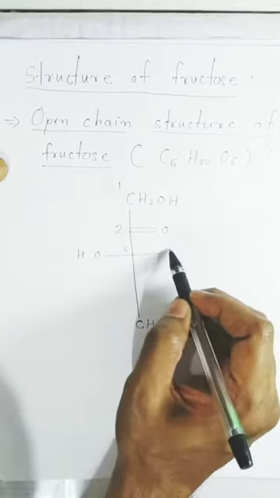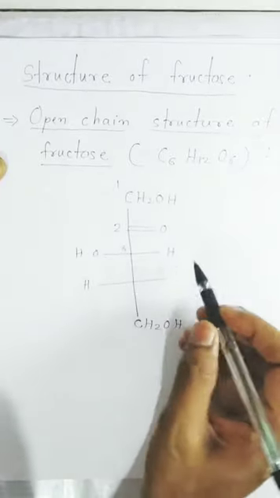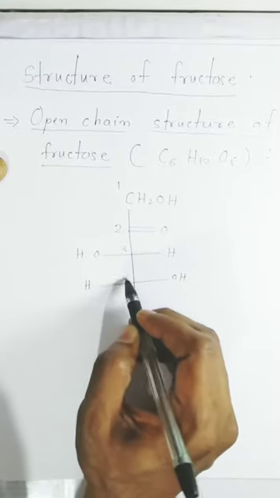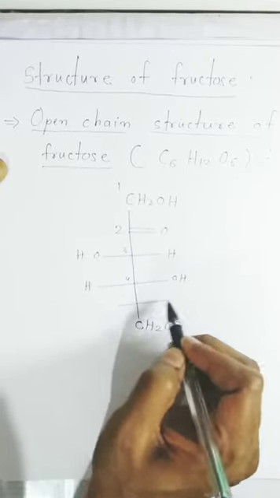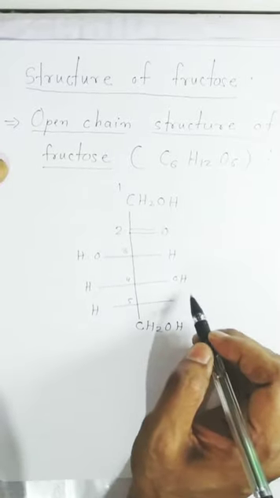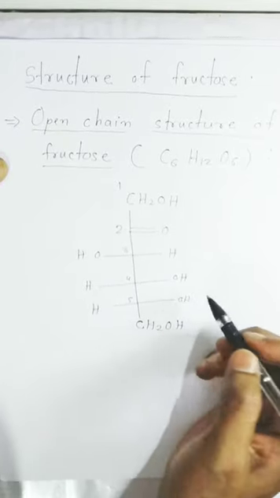In the fourth carbon, the hydrogen will be on the left hand side and the hydroxyl on the right hand side. When you come to the fifth carbon, here also hydrogen will be on the left hand side and the hydroxyl group on the right hand side.